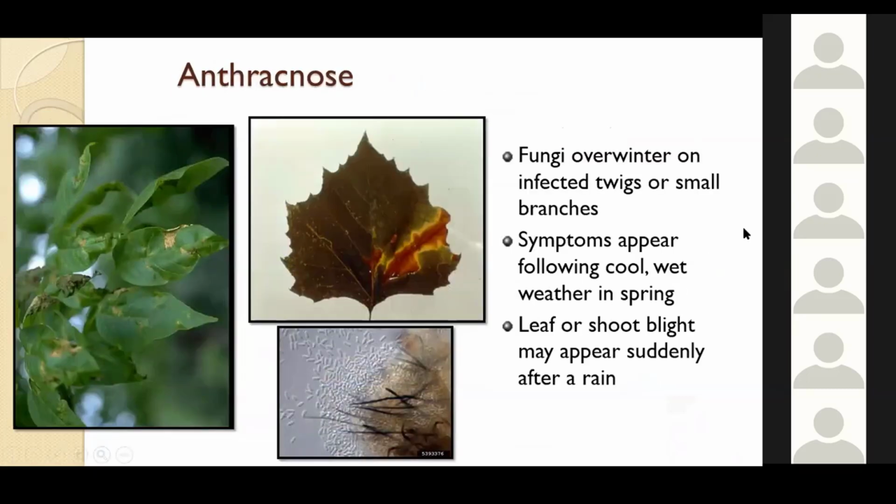And if you have it year after year, eventually it can cause the shoots or twigs to die. But the fungi overwinter on infected twigs and small branches for trees. Typically, if you have a mature tree, it's going to be pretty difficult for any of those soil fungi to get up into the tree. And the symptoms tend to appear following cool, wet weather in spring.